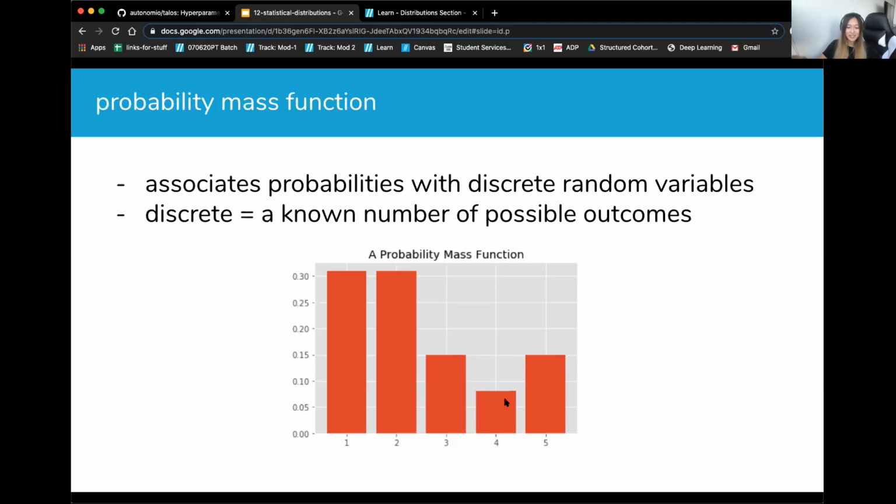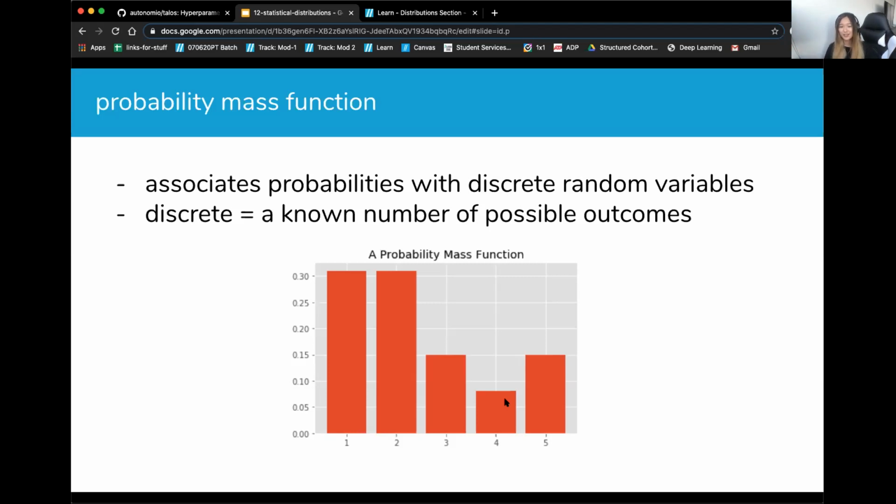Very useful because at a single glance, you can see the probabilities of getting each outcome. If you want more complicated probabilities, like the probability of rolling an odd number or an even number, it's very easy to see and add up. Probability mass functions can be written out individually, like here, where 1 and 2 have a probability of 0.31. It could be rule-based.